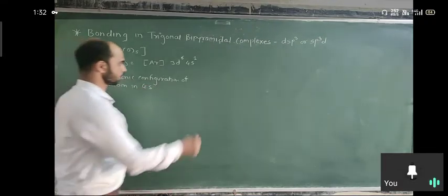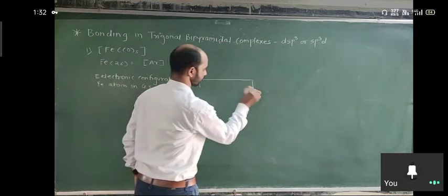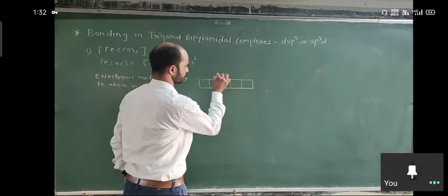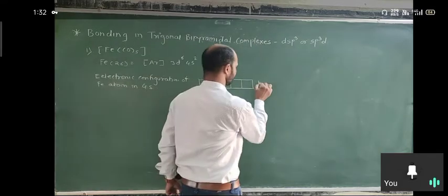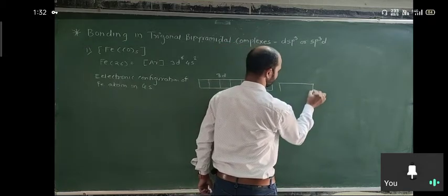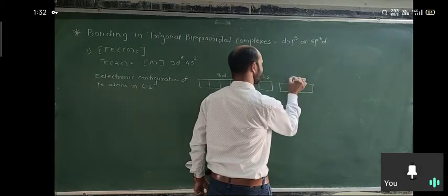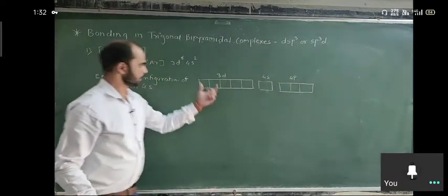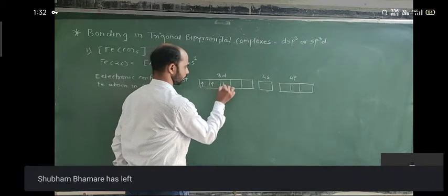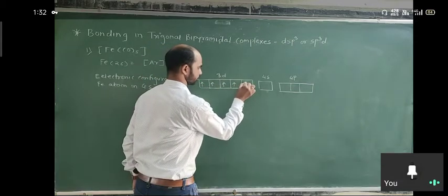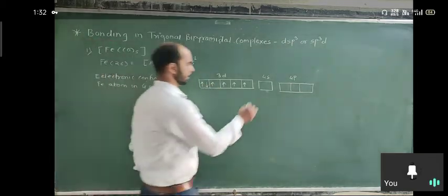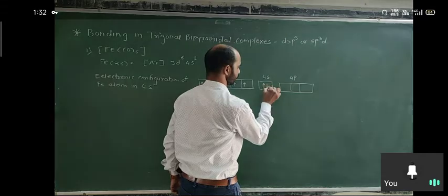So here we draw orbitals: 3d, then 4s and last 4p. In 3d, how many electrons? 6 electrons, so fill up 6 electrons here. How many electrons in 4s? 2 electrons in 4s, so 4 electrons are unpaired here.